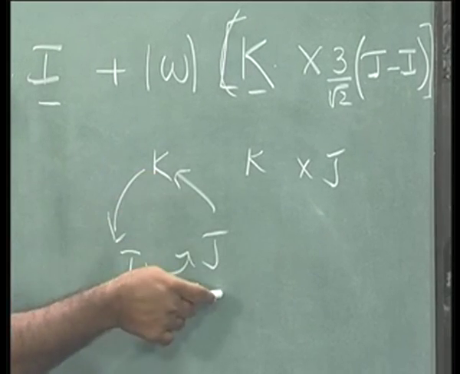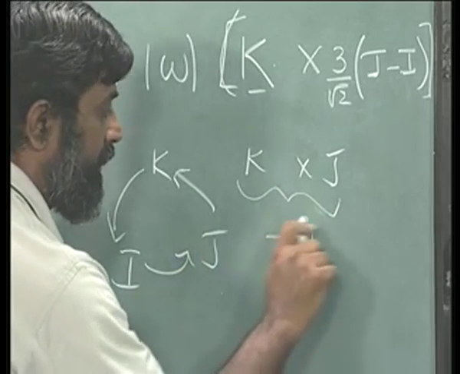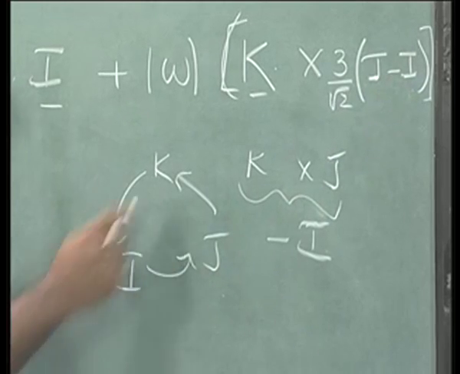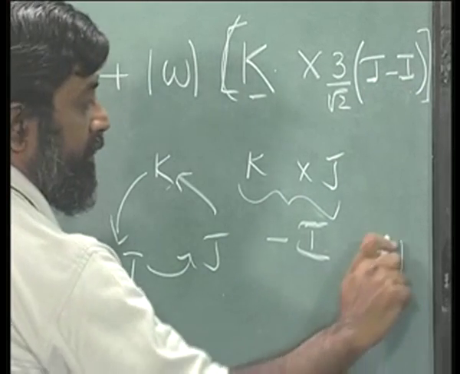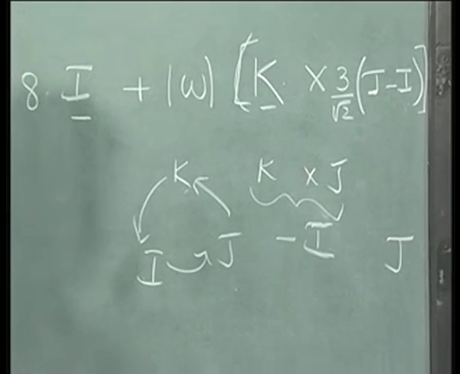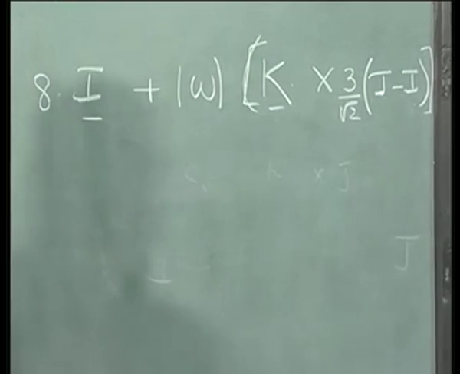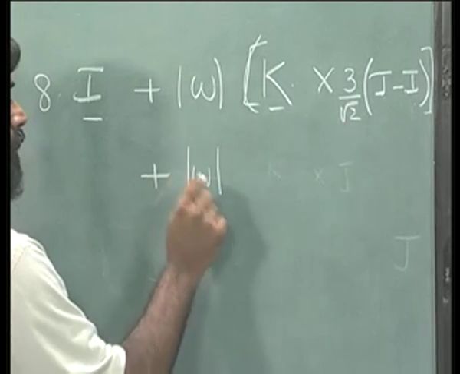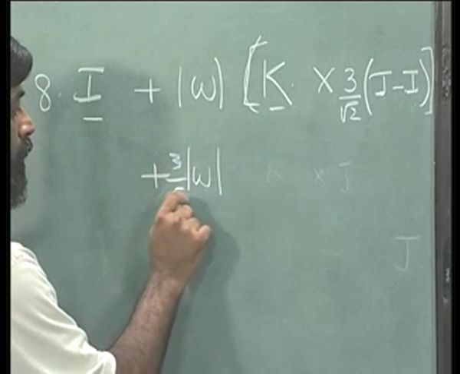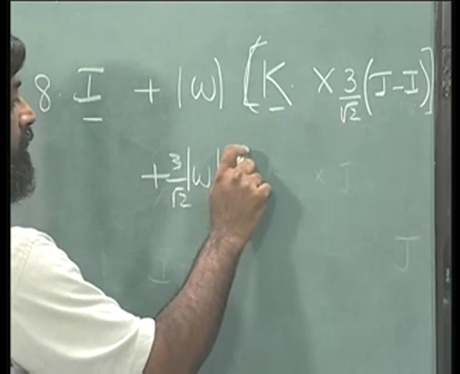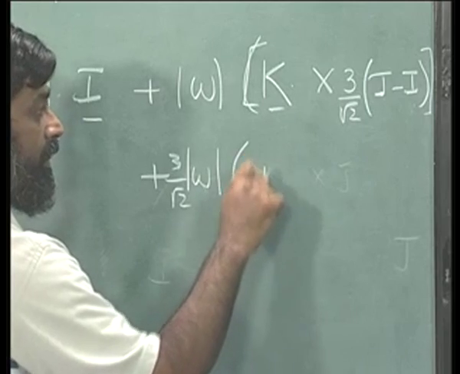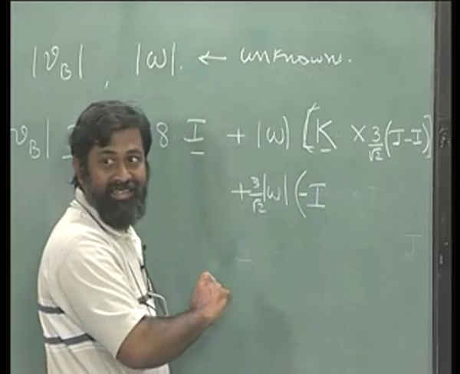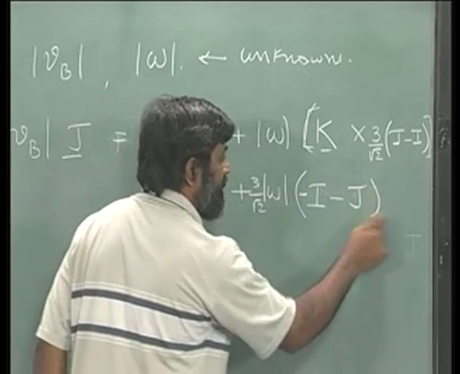So, K cross J will be a minus I, and K cross I is positive, so I will get a J, and therefore here I should be getting plus omega, I will take this out. So, 3 by root 2 times K cross J is minus I, K cross I is J, so I minus J.